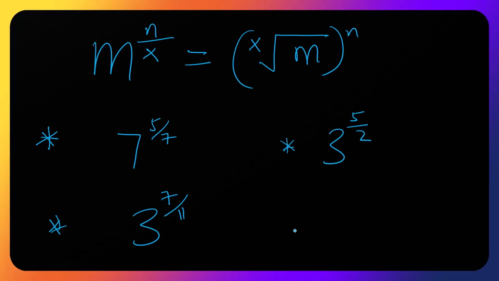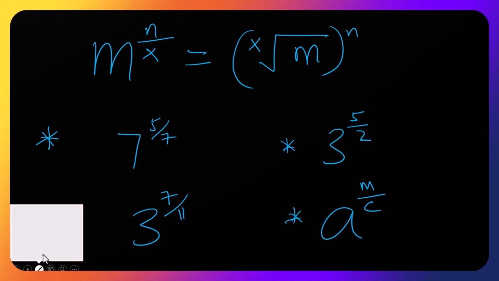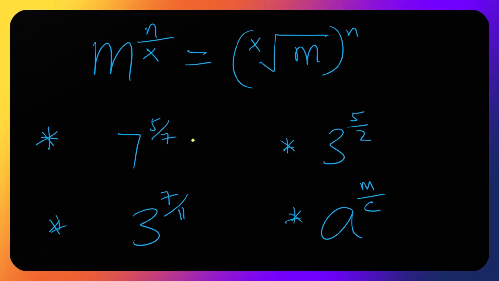Let's write the following in fractional index form. Remember, 5 over 7, so the 5 will be out.